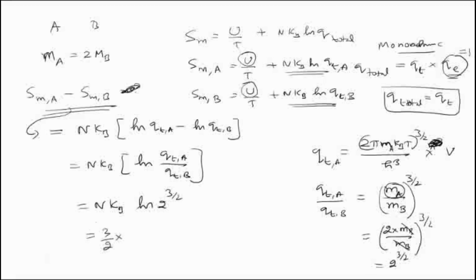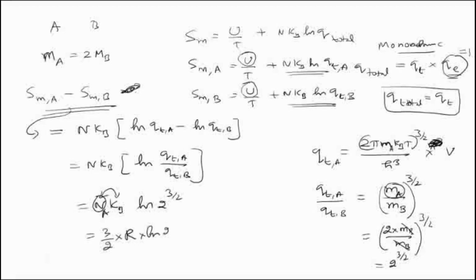And listen here, what is N? Students, we are calculating the difference in molar entropies. Since we are calculating the difference of molar entropies, N should be Avogadro number here. Avogadro number into Boltzmann constant will give you gas constant R, into ln 2.